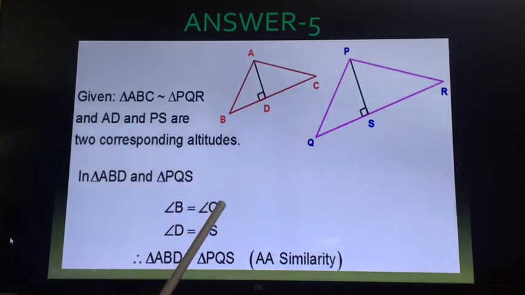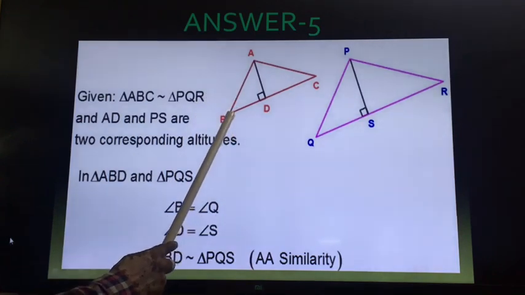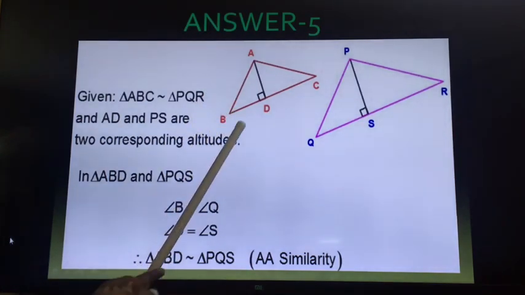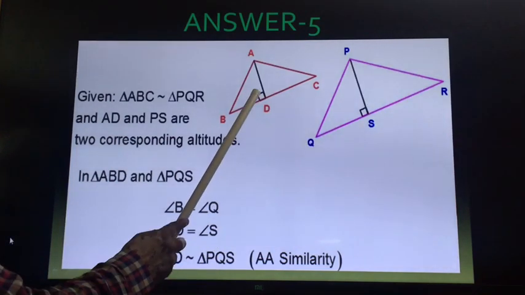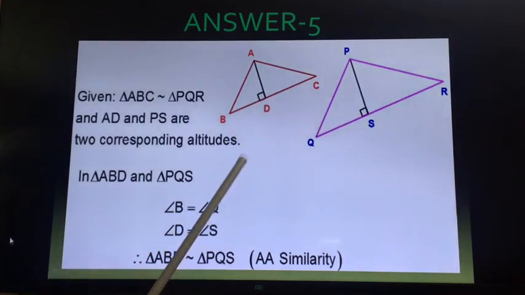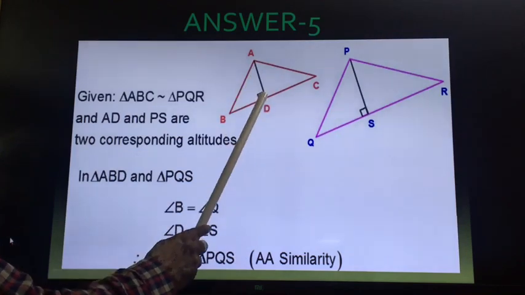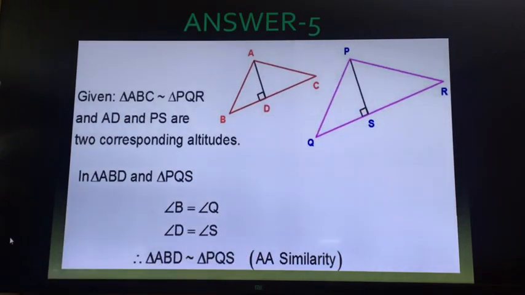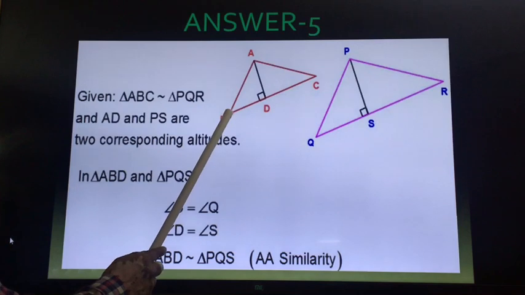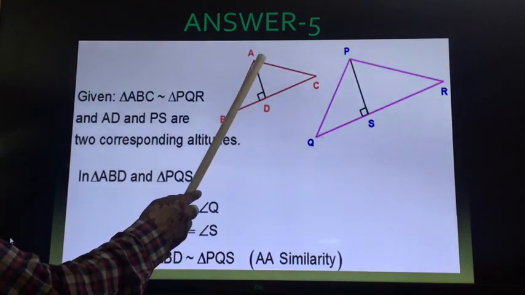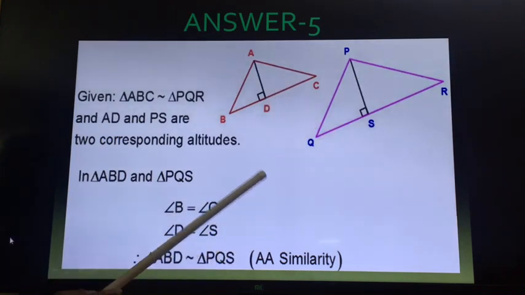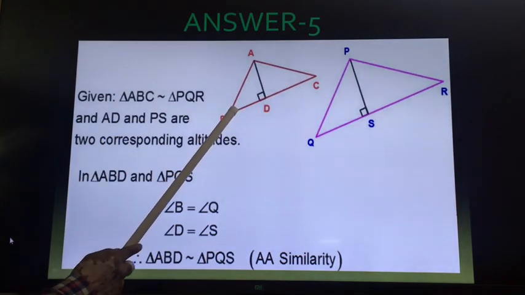So angle B will be equal to angle Q, and angle ADB, that is angle D here, and angle PSQ, that is angle S. This is the second angle. These two are equal because each angle is 90 degrees, because AD and PS are altitudes. So two angles are equal. Angle B is equal to angle Q because triangle ABC and triangle PQR are similar, and in similar triangles corresponding angles are equal.